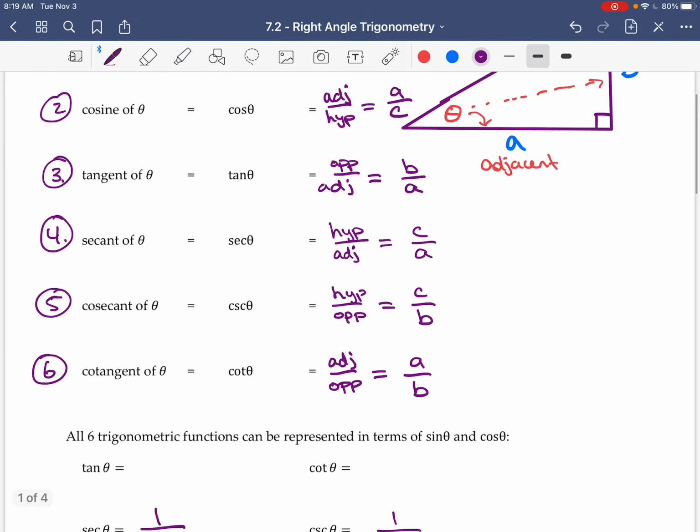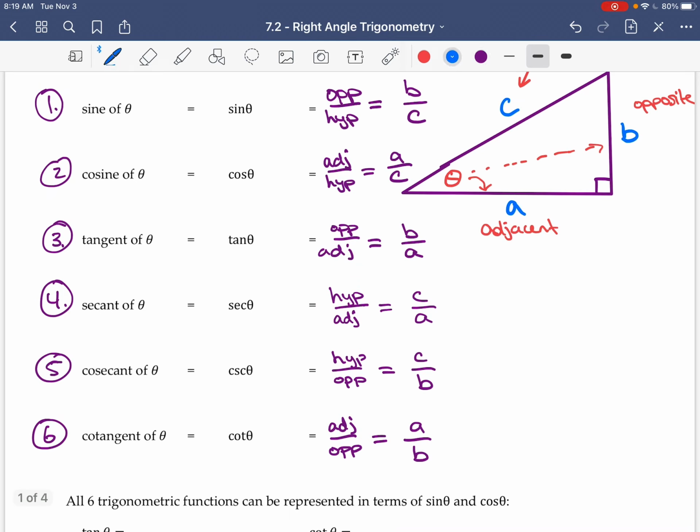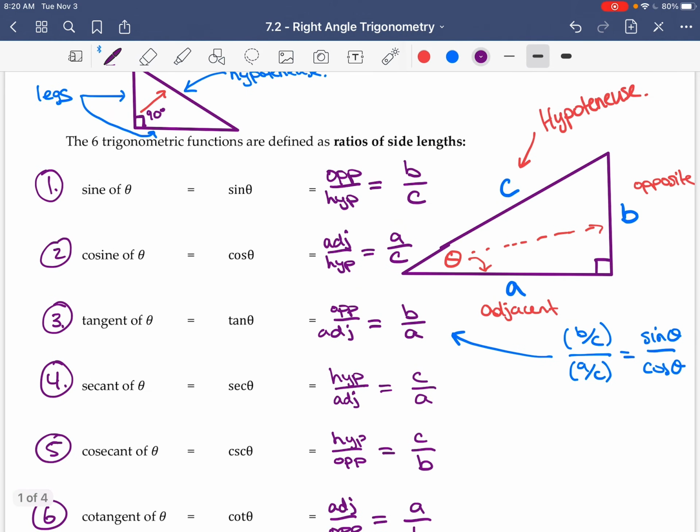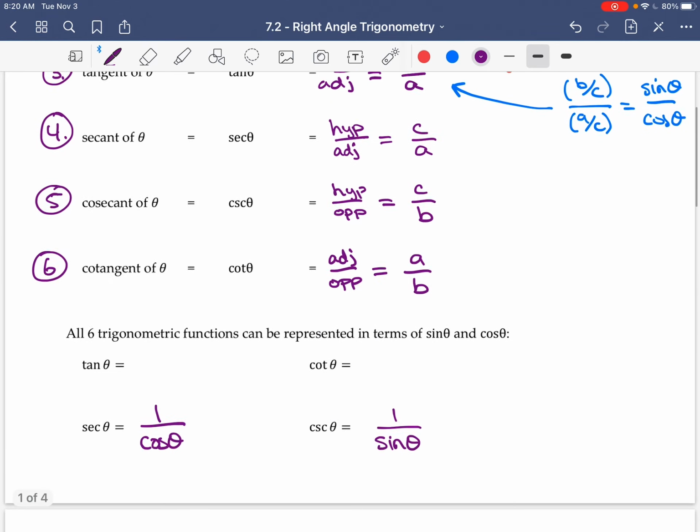Now tan theta is B over A. So that's actually B over C divided by A over C. So that's sine theta over cos theta. If you divide the two values of sine theta and cos theta, you get B over A, which is tan theta.